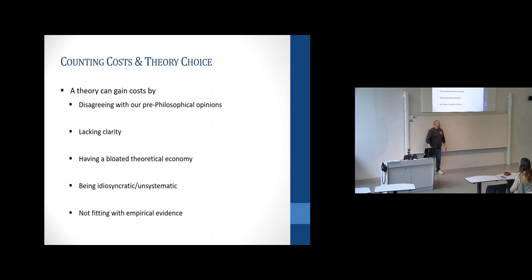Now, let me stress, these 2 lists of benefits and costs are not exhaustive. There could be lots of other ways to incur costs. And everything I've said has been vague. But that is a feature, not a bug. Because what we're gesturing at here is broad concepts that you can fill in using your pre-philosophical opinions, in some way, shape, or form. Would it be better to have absolutely clear definitions?